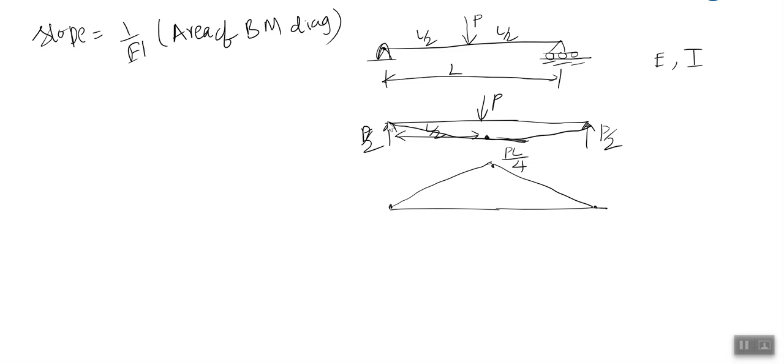But here I will have the maximum slope. If I want to find out the slope here, I will just draw a tangent here, and whatever angle it makes with the x-axis, tan theta will give me the slope at this location.